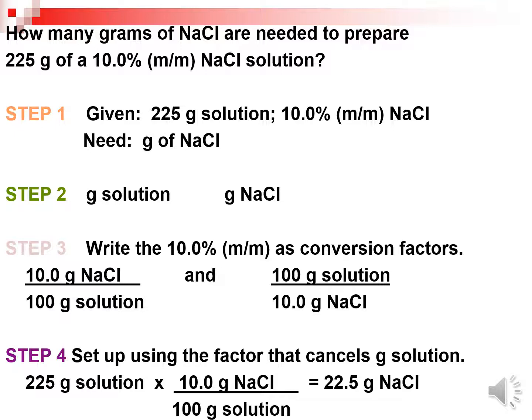So the question was, how many grams of NaCl are needed to prepare 225 grams of a 10% mass over mass NaCl solution? The answer is 22.5 grams of NaCl.